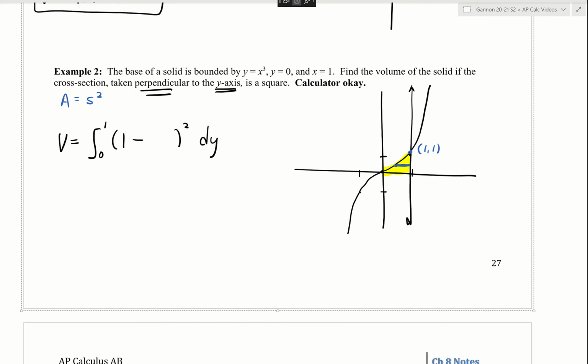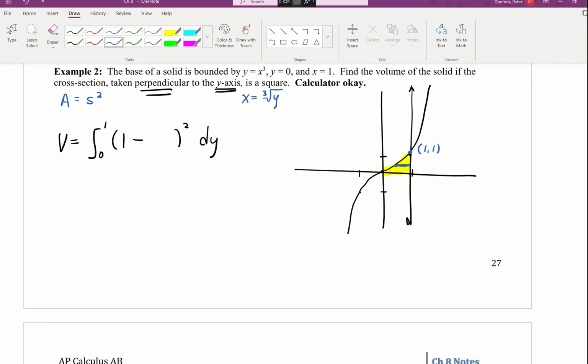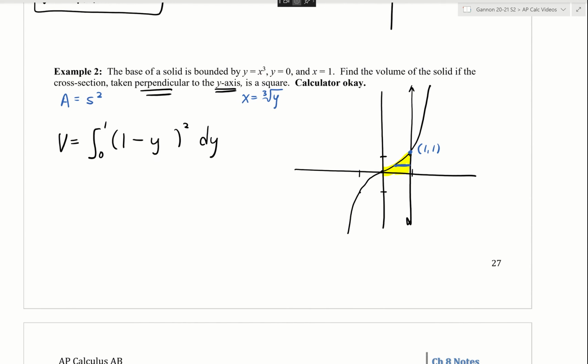So if we want to write this in terms of y, then we're going to isolate x, and x is the cube root of y, which you can write as the cube root of y, or as y to the 1/3 power. Completely up to you how you write that, but now you've got your integral.